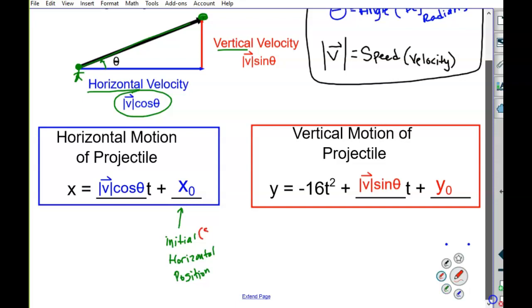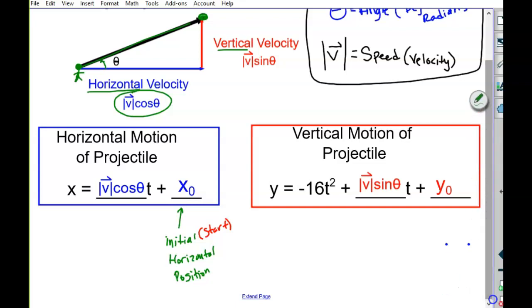Often we think of that as your starting position. Where do we start in terms of the horizontal movement? And then the horizontal velocity is going to be multiplied by the time. So if we take our horizontal velocity times time plus the start, that will tell us exactly where we are in our horizontal distance.